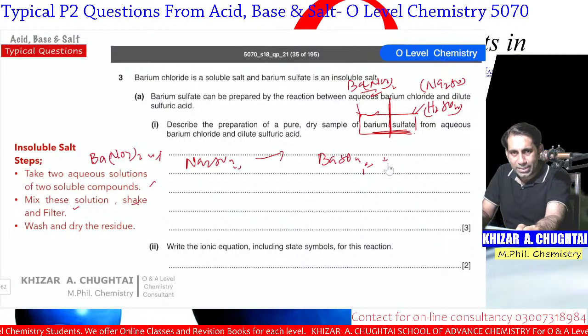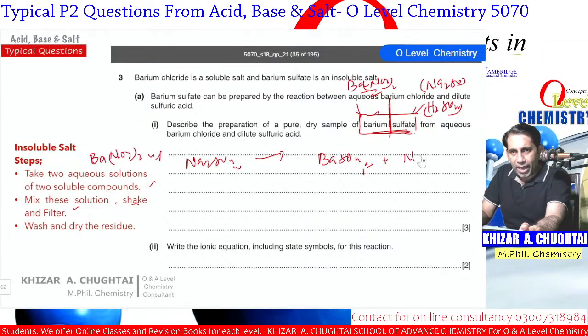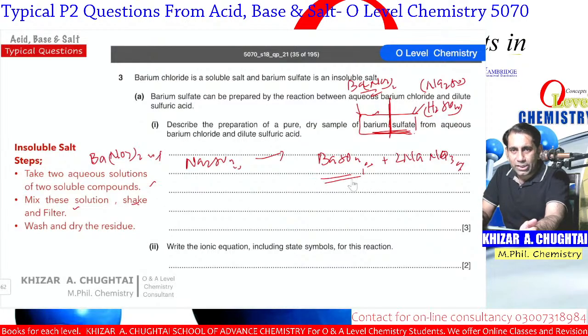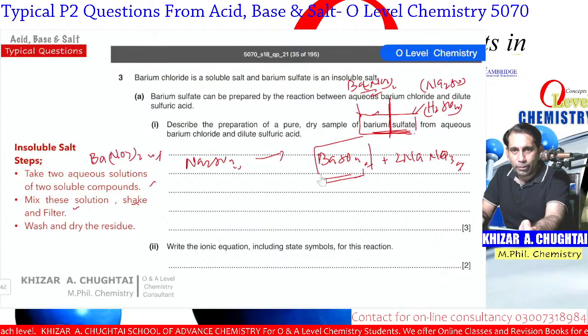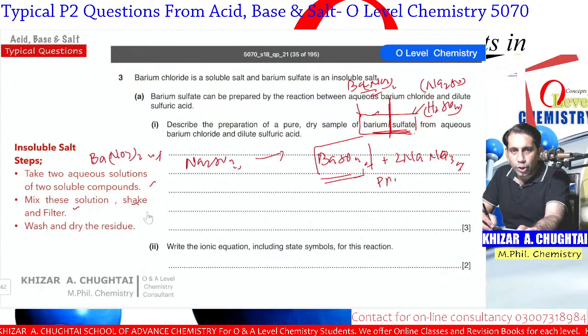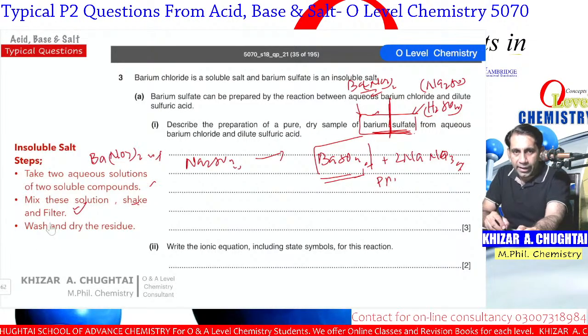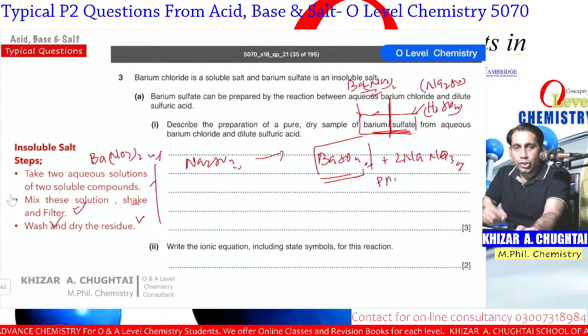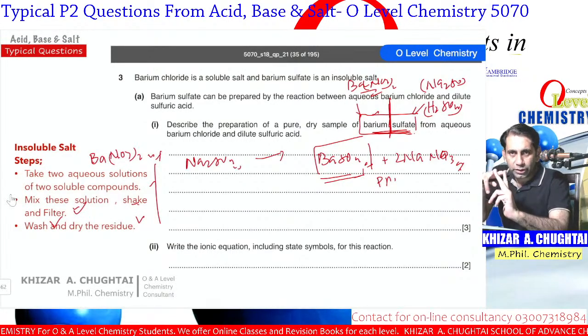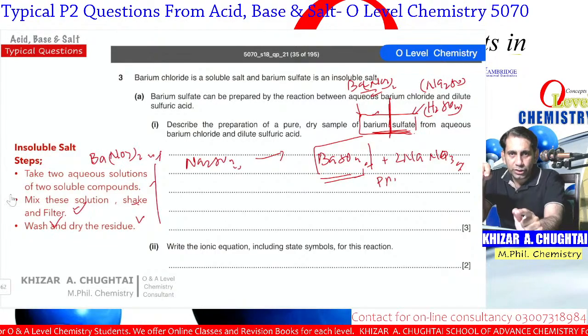It is an insoluble salt, and the rest will be a compound soluble in water, that is sodium nitrate, 2 moles of NaNO3 aqueous. So it's a solid, it's insoluble, it's a precipitate, and it will be filtered, then washed, then the residue is collected. So first of all, mix 2 solutions, write the name of 2 appropriate solutions.